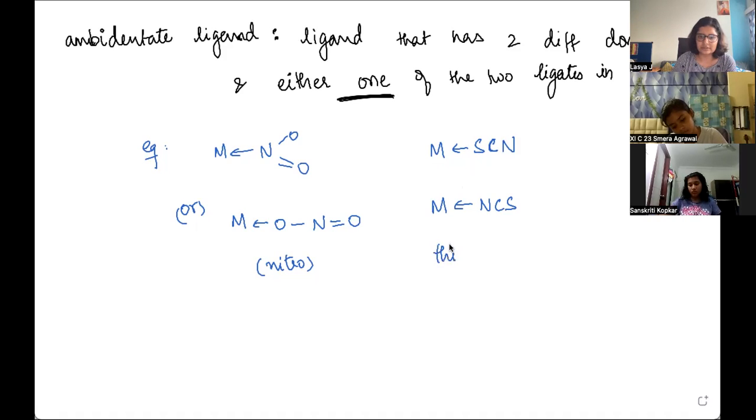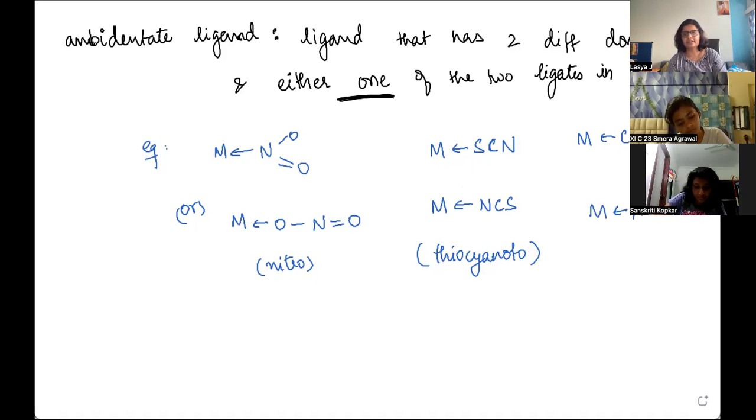This is thiocyanate. And cyanide is another. Either it links to the carbon or it links to the nitrogen.